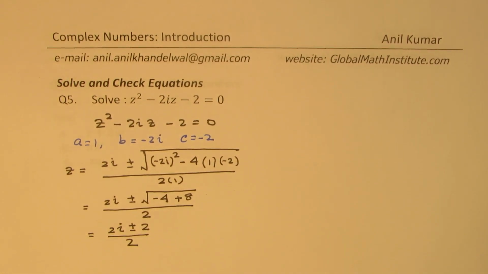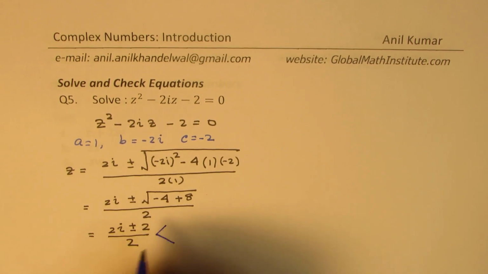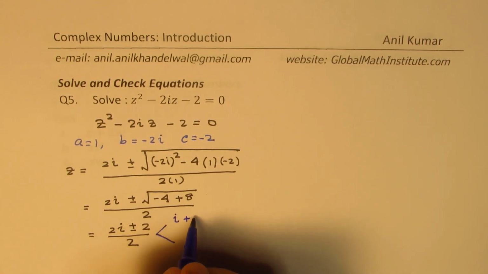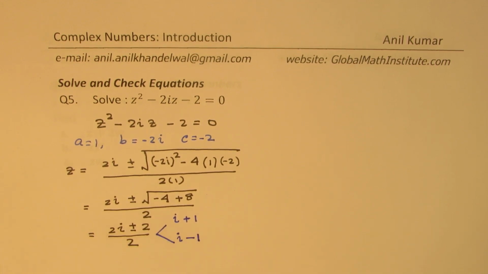So what do you notice here? Well, in this case, we have two solutions. Clear? One of the solutions is i plus 1. The other one here is i minus 1. Does it make sense? So we have two solutions, i plus 1 and i minus 1.